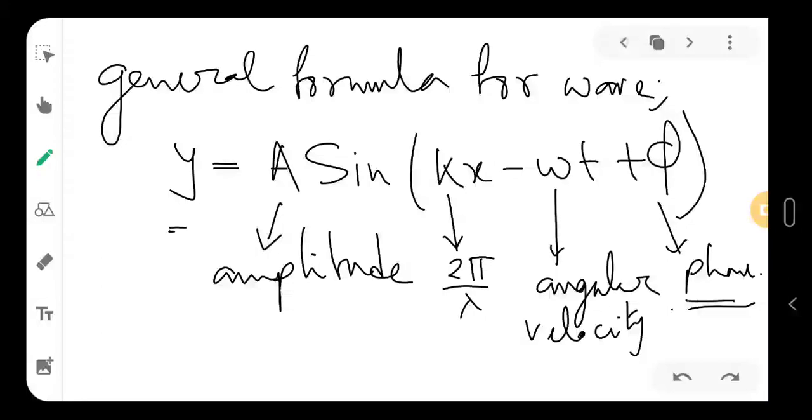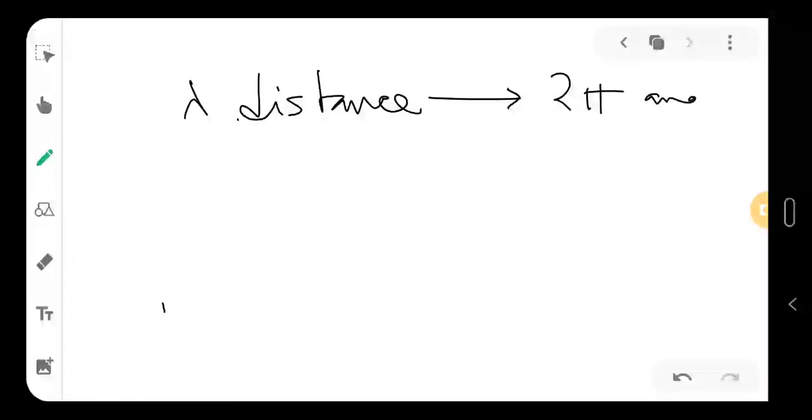Okay, so we have seen that when 2 pi angle is covered, after a lambda time, that means after a lambda distance, right? So lambda distance will cover 2 pi angle, right?